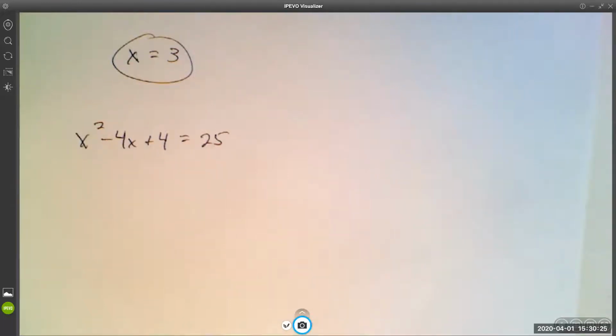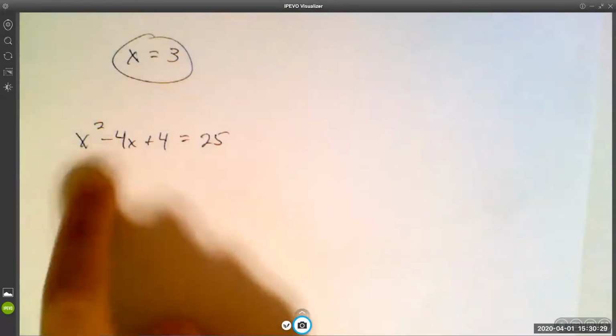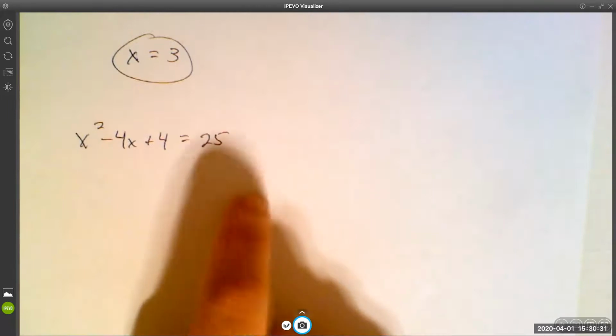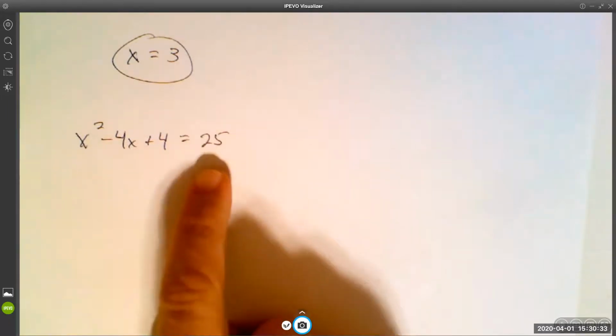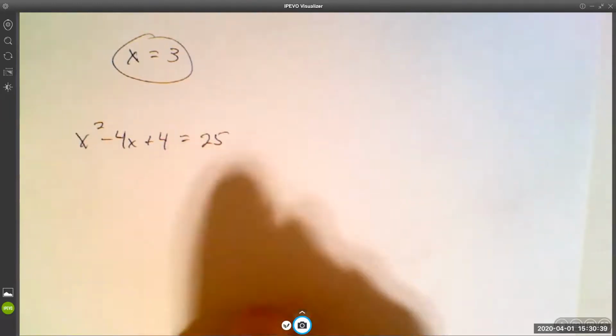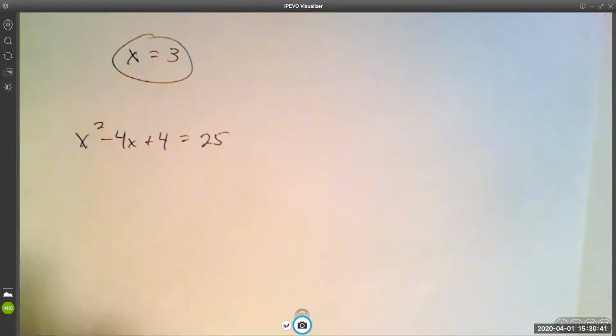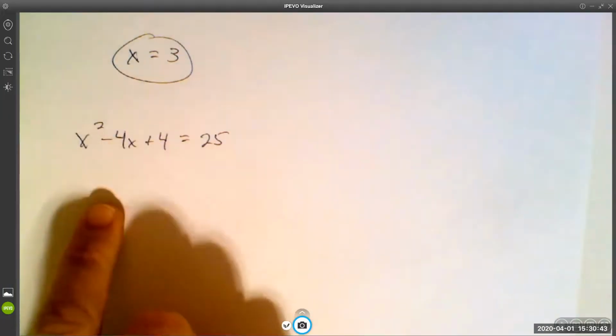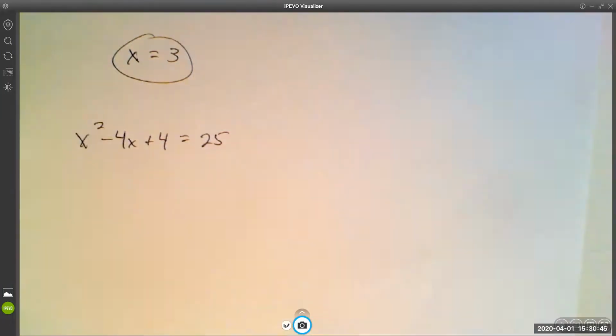Okay, so I'll give you a second, pause the video, see if you can represent the left-hand side and see if you can represent the right-hand side. I'll say this, I'm not going to sit here and count out 25 tiles. I'm just going to draw them. I'm just going to draw a box and make it a 5x5 grid. Okay, but the left-hand side, see if you can use your tiles to represent that.